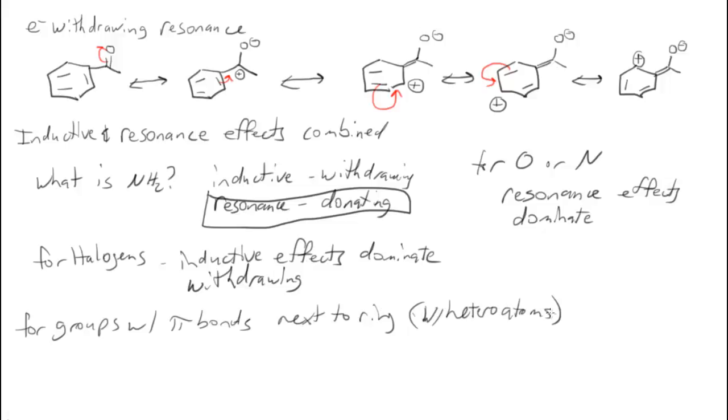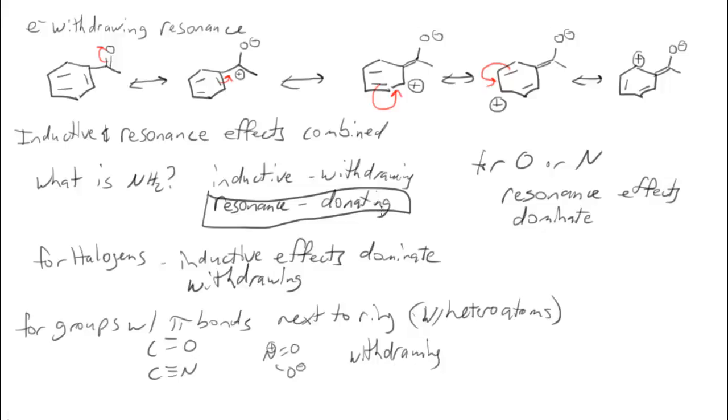And for groups with pi bonds next to the ring to heteroatoms, so things besides just carbon-carbon bonds, so that means any CO double bonds, so things like aldehydes, ketones, acids, anhydrides, amides, CN triple bonds, nitriles, and nitros, nitro groups, NO2, those all are going to be withdrawing due to resonance.